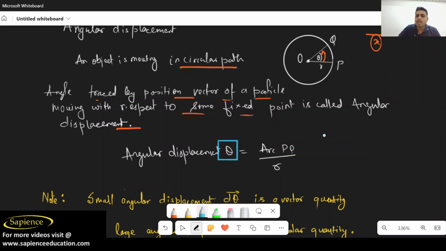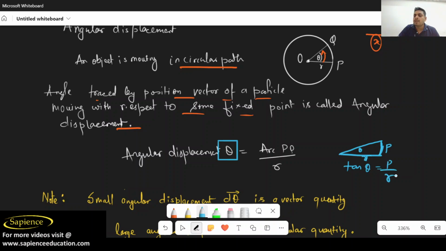So angular displacement theta can be written as arc length by r. Why so? Because for a very small angle we will use this concept. For a small displacement, this is theta. So tan theta can be written as perpendicular by base. This is your perpendicular and this is your base, that is your radius.